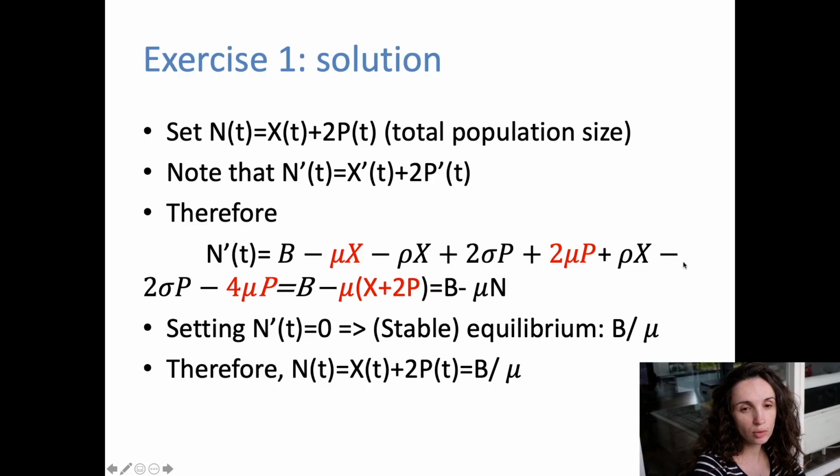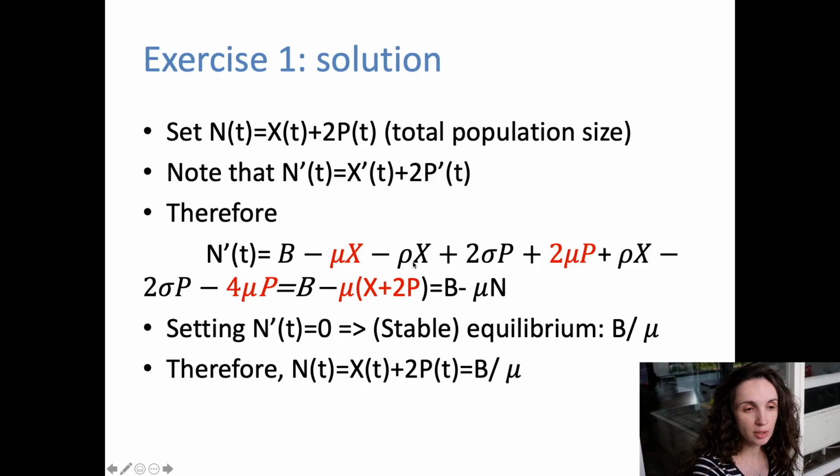Once you write all the terms of both equations, and not forgetting to multiply the p prime derivative by 2, we can combine some terms. So b doesn't have a pair and gets copied as it is. We can combine terms that contain death rate mu, like so. So minus mu times x plus 2p.